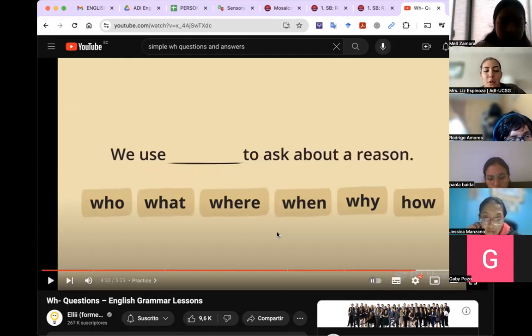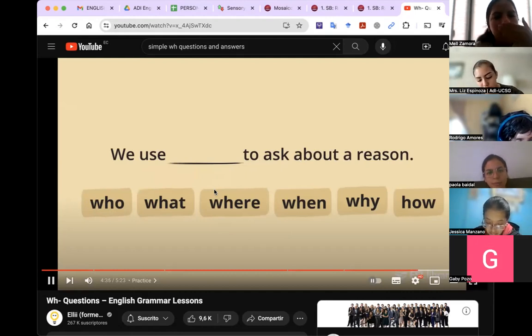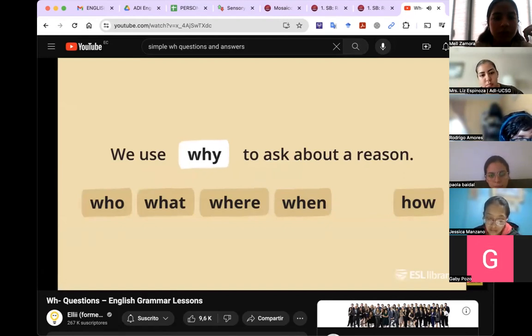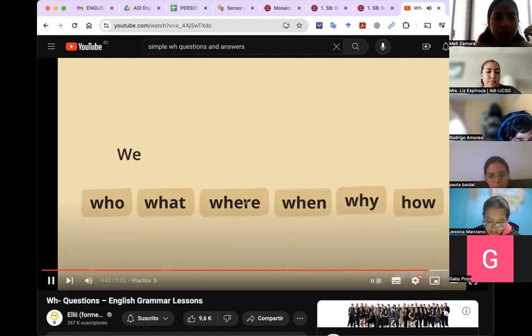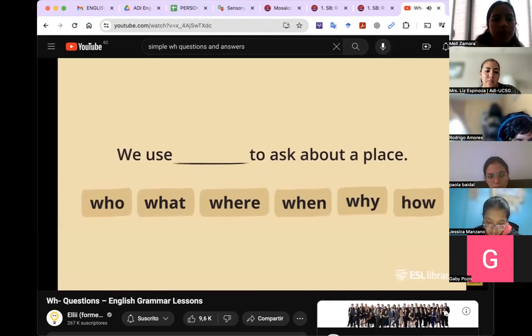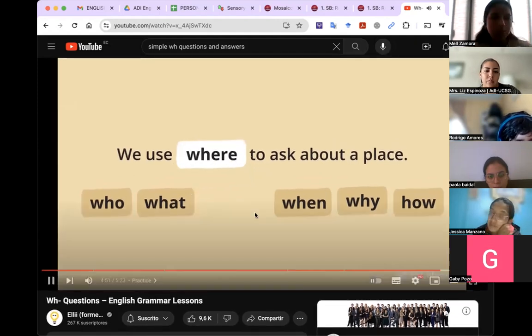So to ask about a reason, which is the option? Okay. We use why to ask about a reason. Very good. We use where to ask about a place.